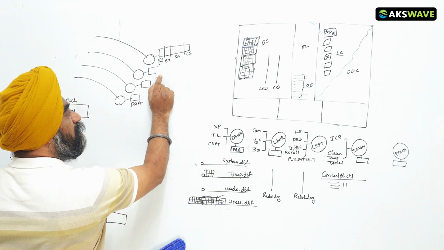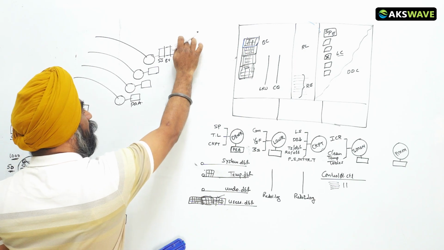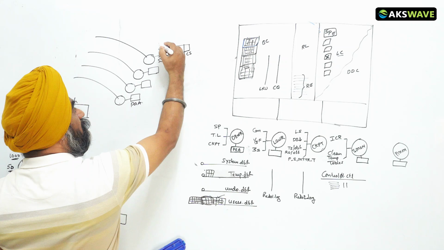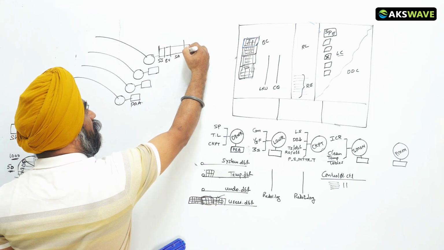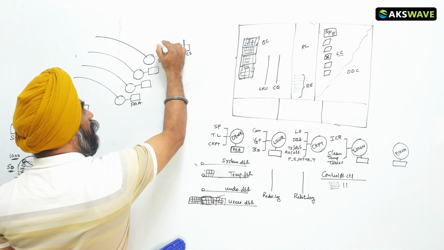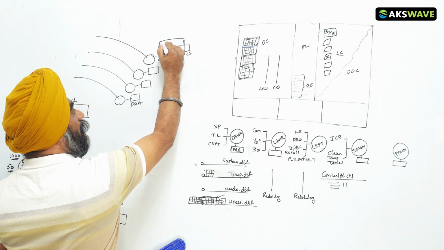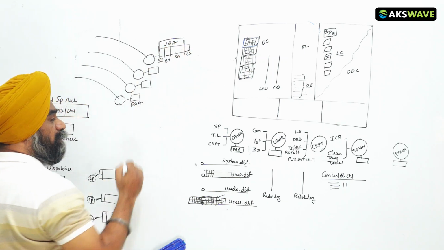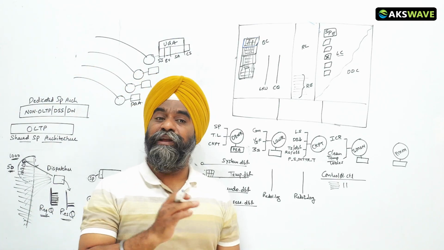So see here: session information, bind variable, sort area, cursor stack. What is happening here? All these three: session information, bind variables, and sort area, we name it or call it a UGA. What is that? UGA, user global area.